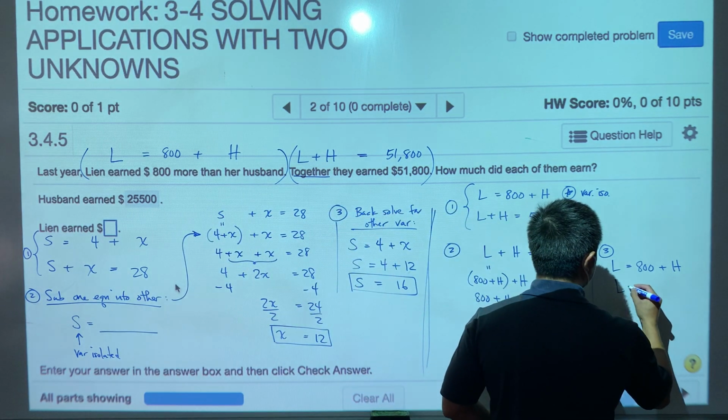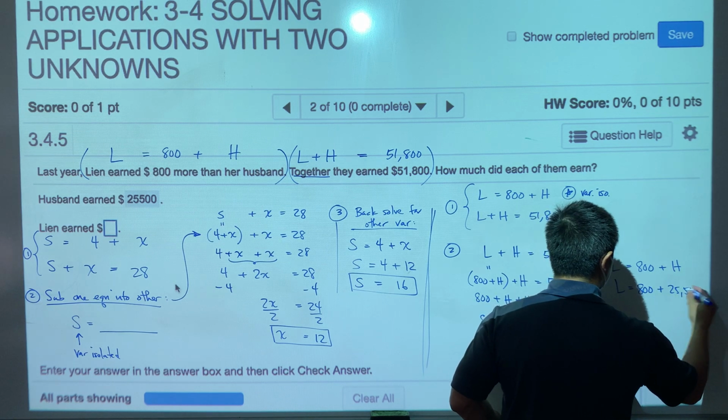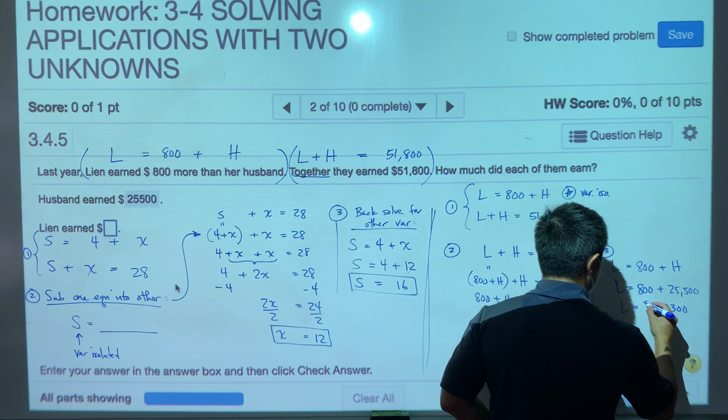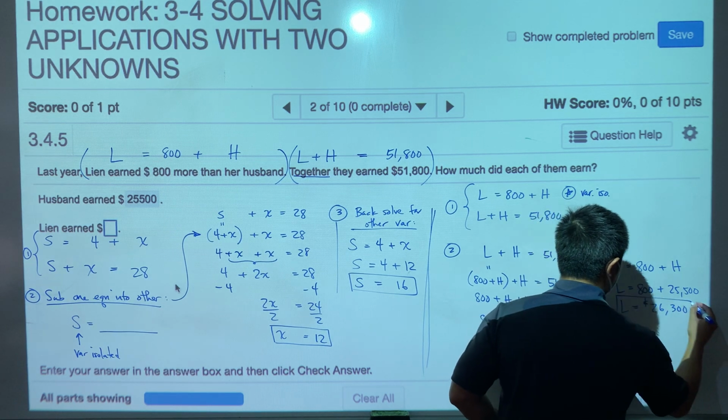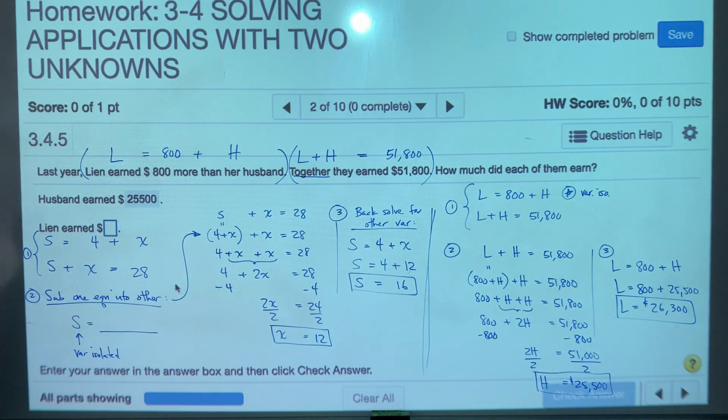So Lean's salary is 800 plus 25,500. So Lean's salary is 26,300. And there it is. I'm not going to type it in. You guys get the idea. Okay? And look, pretty much 2 identical problems with respect to procedure.